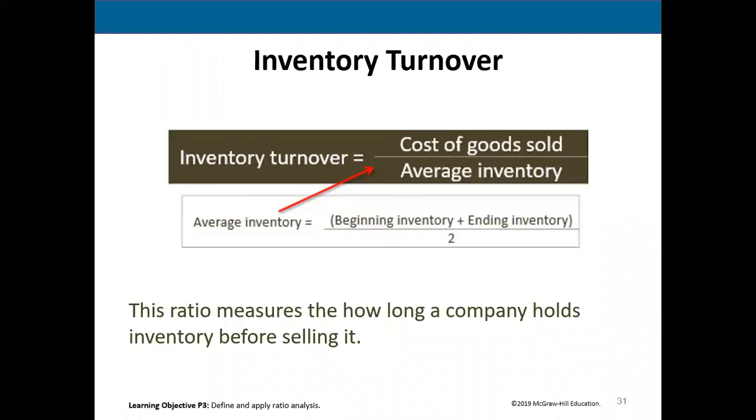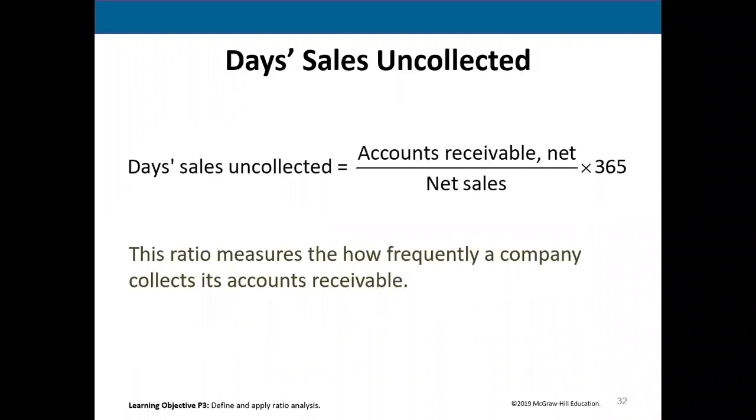Now, I'm going to skip this one and go to this one. It's called day sales uncollected. I don't like the word uncollected. It sounds like you're not collecting them. I call it day sales collected, but your author calls it day sales uncollected.